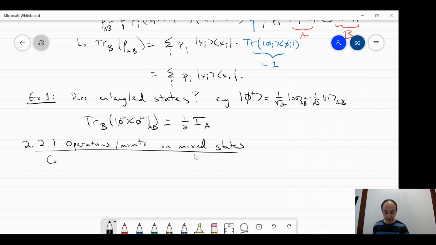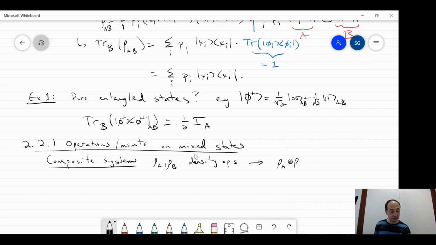I'm going to put a little note in each section. So, composite systems. Just like before, if rho_A and rho_B are density operators, then if I take their tensor product, I'll still get a density operator.